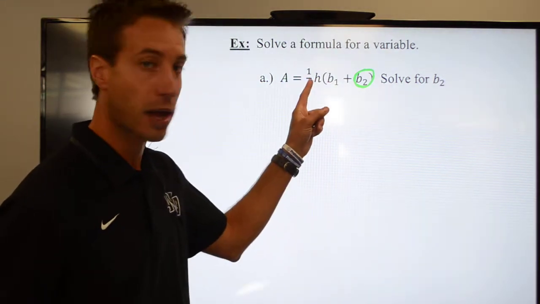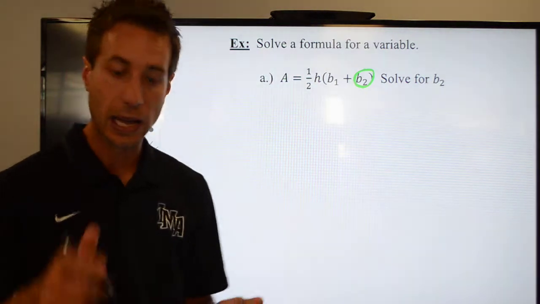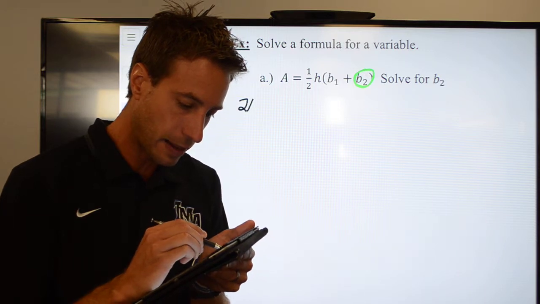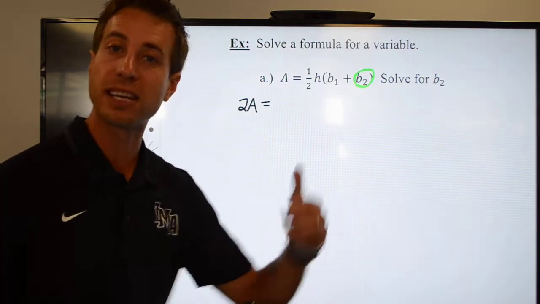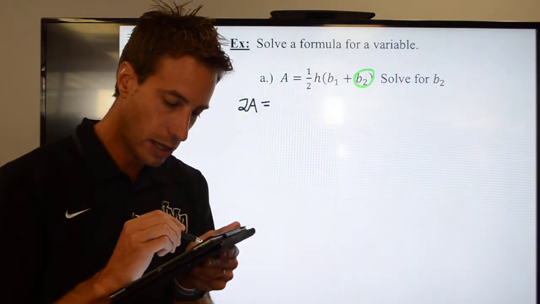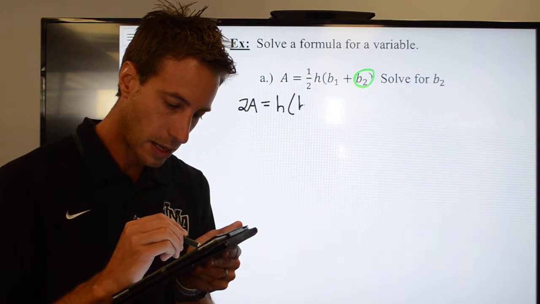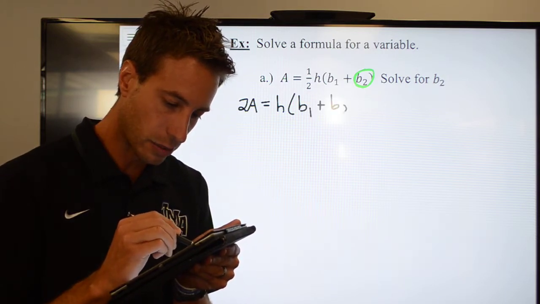If I multiply 1/2 by 2, they cancel each other out. That'll leave me with a 2a on the other side. So my first step is 2a is equal to... the 1/2 is now gone because it canceled with the 2. And I'm left with h multiplied by the quantity b1 plus b2.